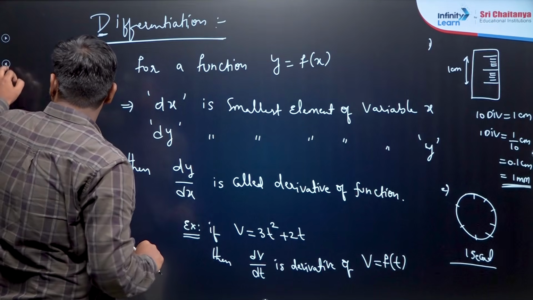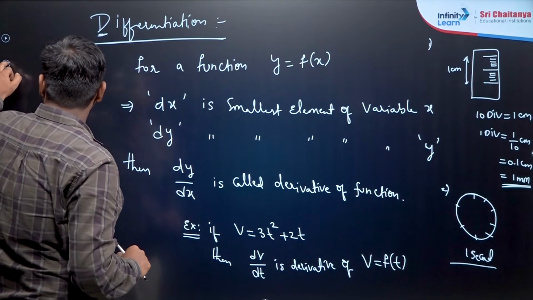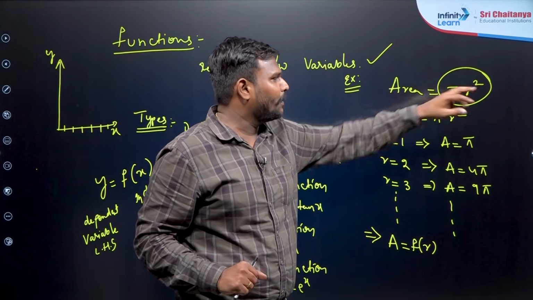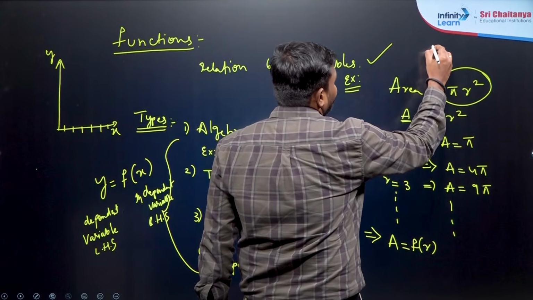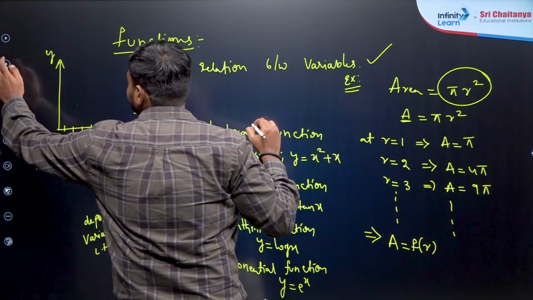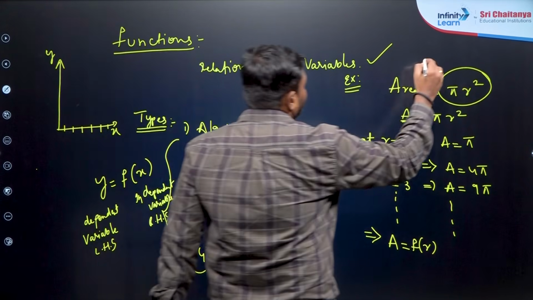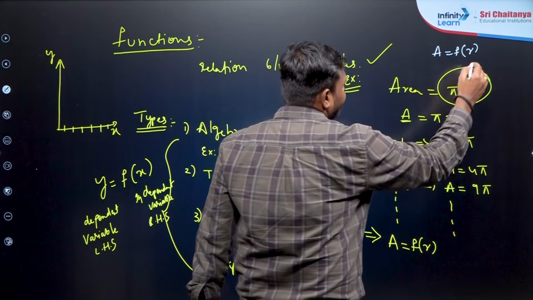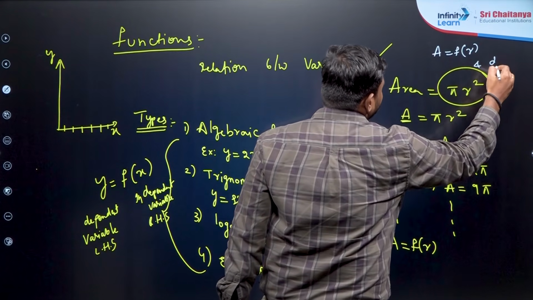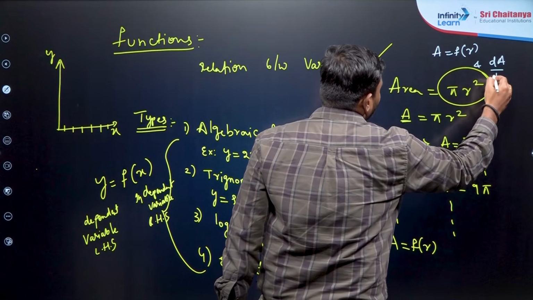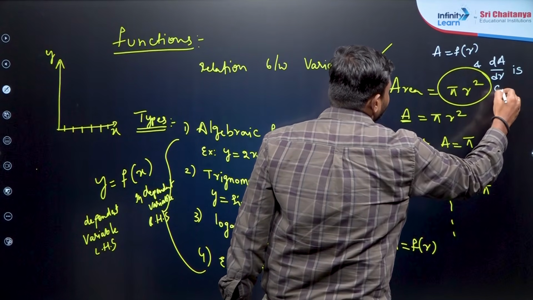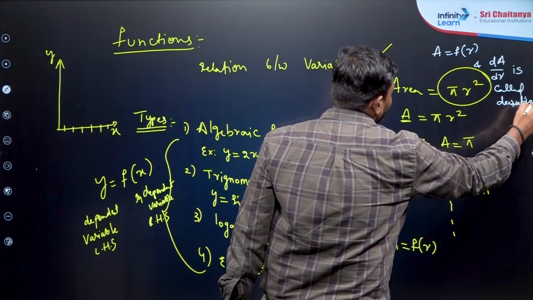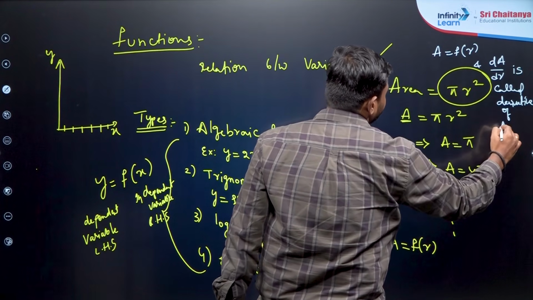Understood? Let us say in this particular slide, area is equal to pi r square. So what can we write? Area is a function of radius, and small change in area by small change in radius is called the derivative of this function.